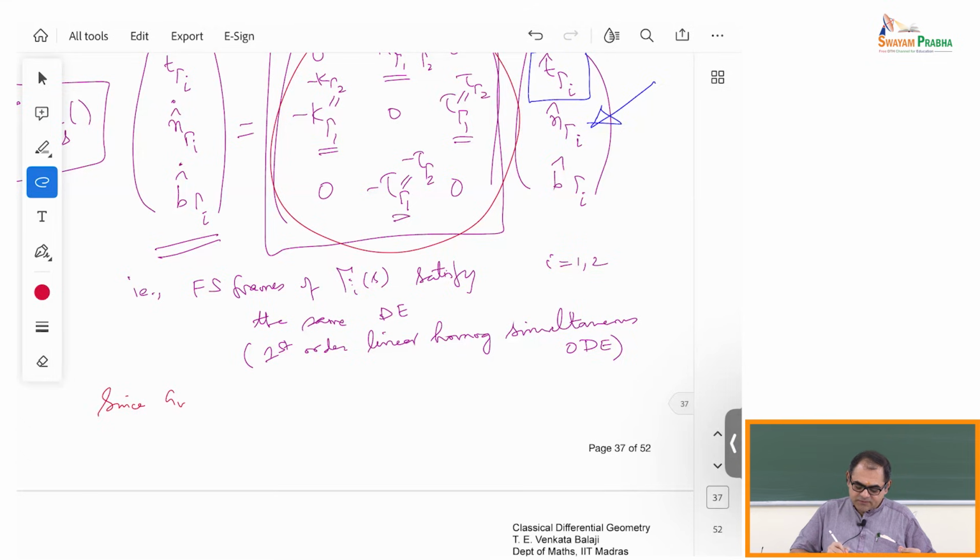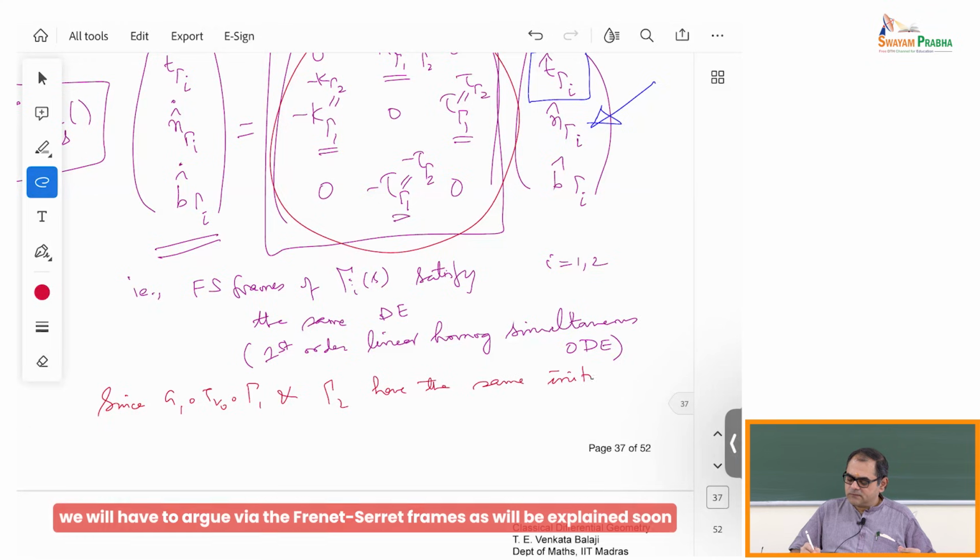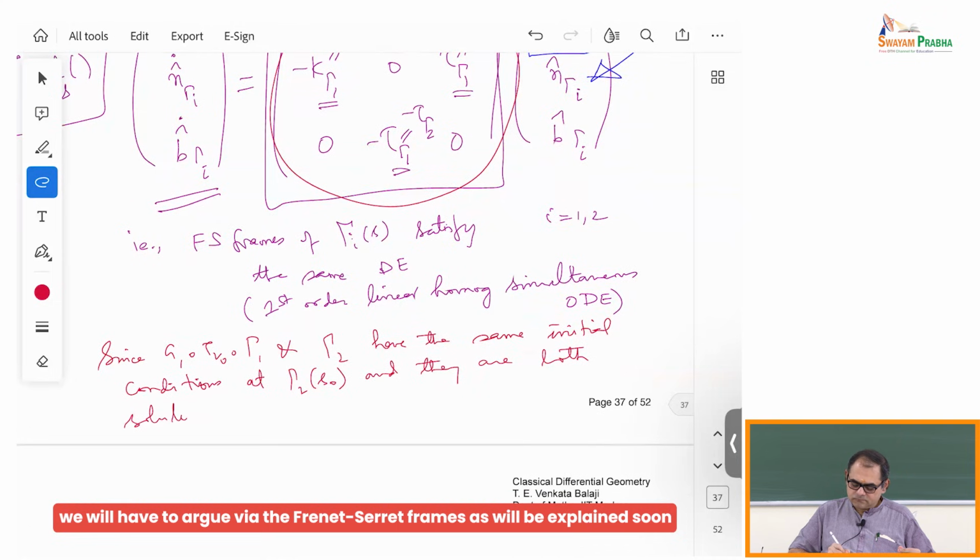Since G1 circle TV0 circle gamma 1 and gamma 2 have the same initial conditions at gamma 2 of S0, and they are both solutions of the same Frenet-Serret ODE, they have to be the same.